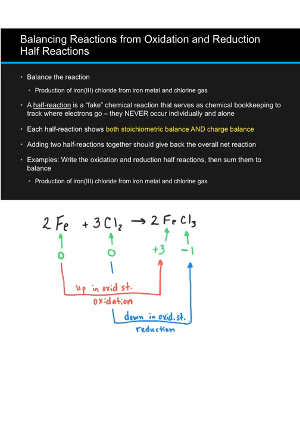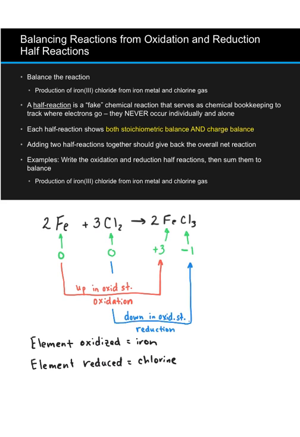So going down in oxidation state, reducing your oxidation state, is indicative of reduction. In this reaction, the element that got oxidized is iron. And the element that got reduced is chlorine.